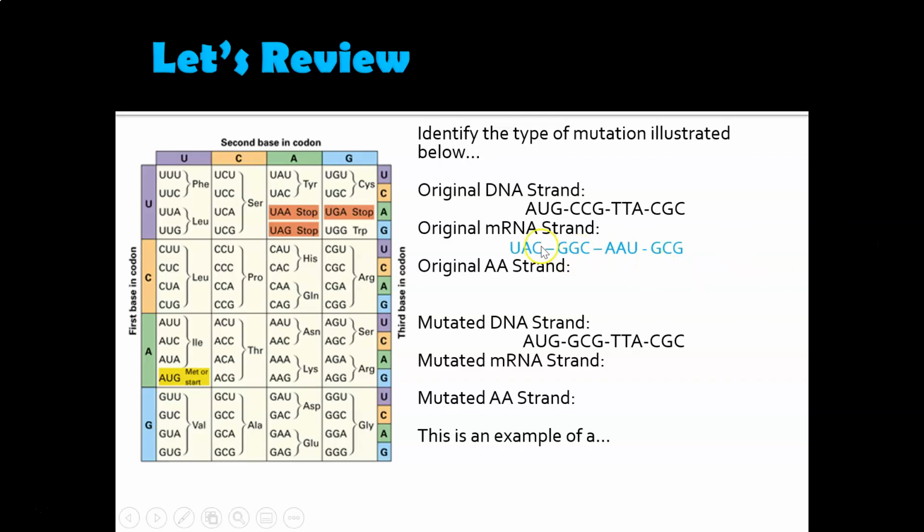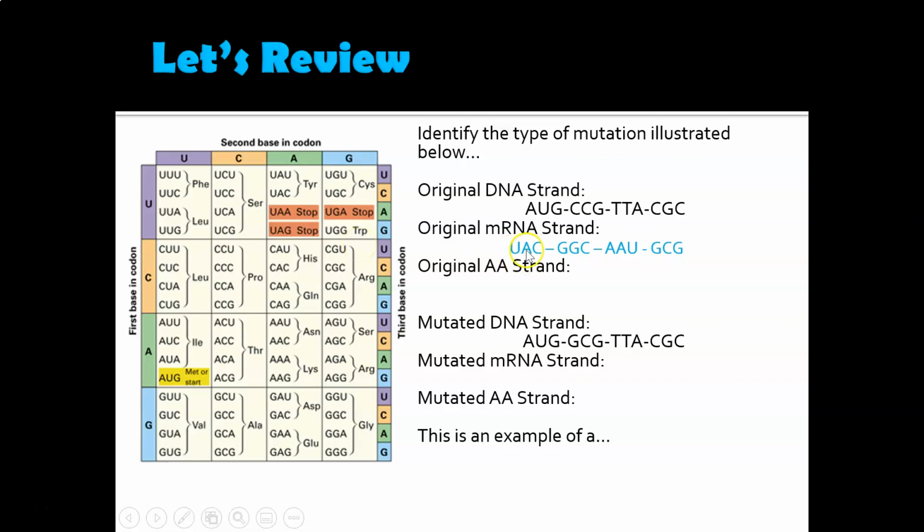Then we need to take that original mRNA strand and come over here to the codon chart and actually translate it. Remember, when we look at this, here's that first base, so that goes across these rows. If I'm starting with a U, that means I'm somewhere up here in this top row. And then my columns from there tell me my second base.